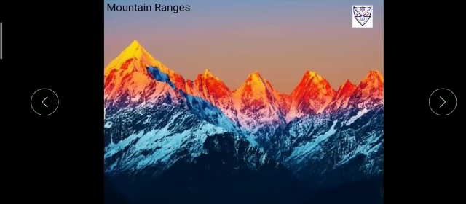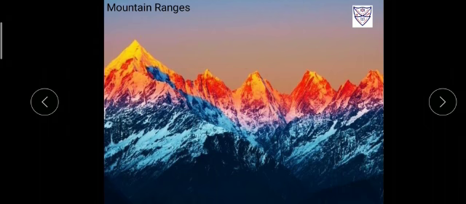Mountain ranges. Now you can see these mountains lined up. These mountains are lined up and that is called a range. When you see the mountains joined together in a line, it is called a mountain range. As we look from far, we can see that they are joined up.